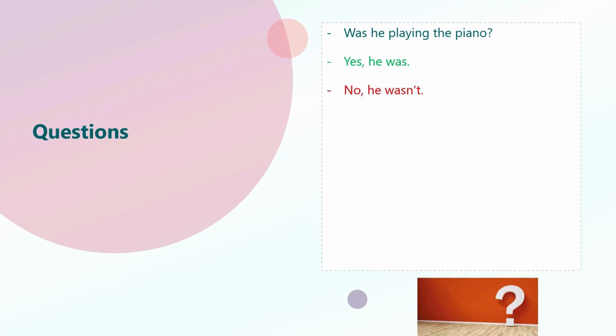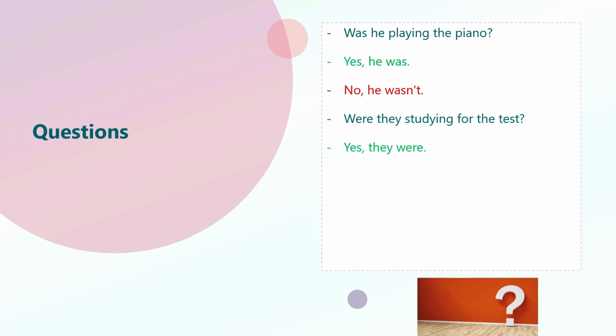In a positive reply, there's no contraction because there isn't one. In a negative reply, you can definitely use the contraction, especially in informal conversations where this kind of short answer is common. Take another example. Were they studying for the test? Again, just take your answer from the question.